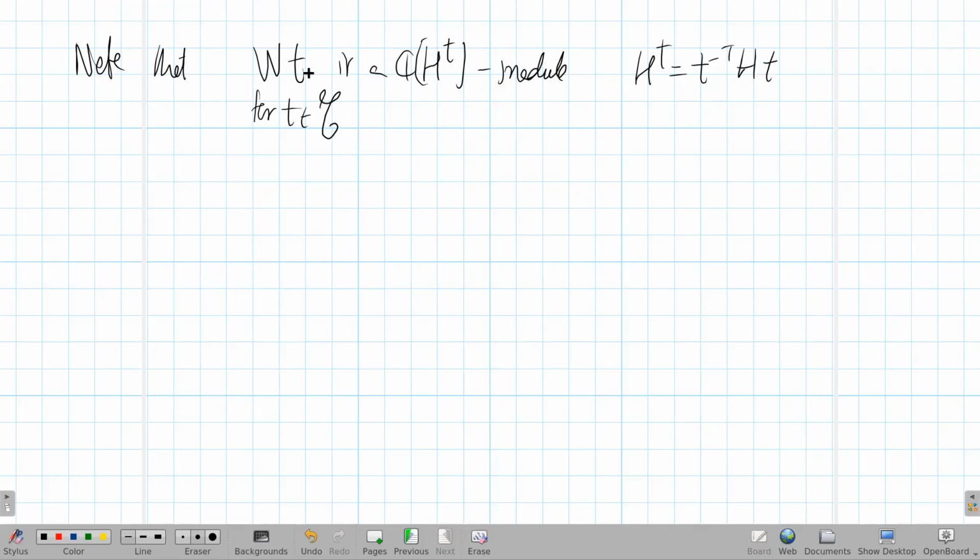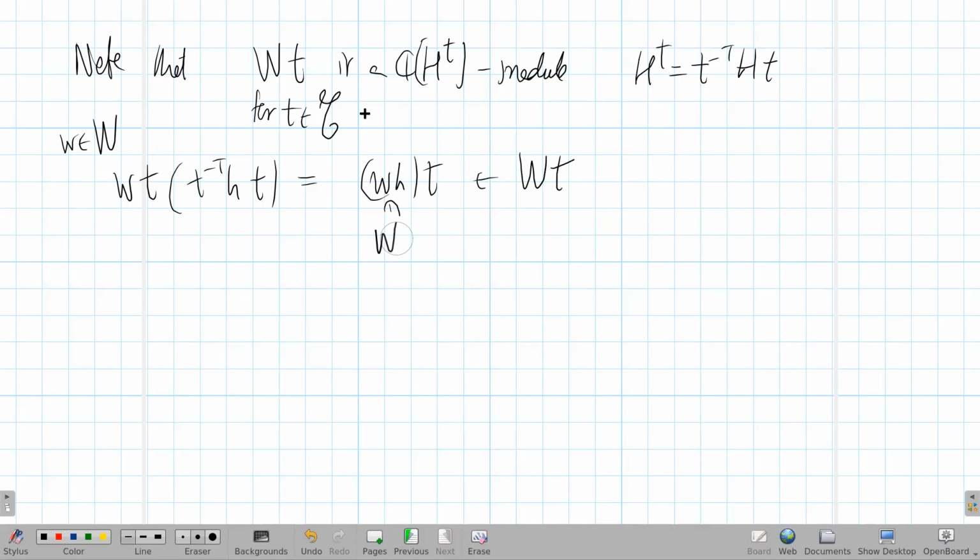The reason is that if little w is in big W and you multiply by an element of this, these two simplify, so you get something in W, because W is a CH module, so this is in WT. So these are not CH modules, but they are modules for the conjugates. This will play a role as we get along.